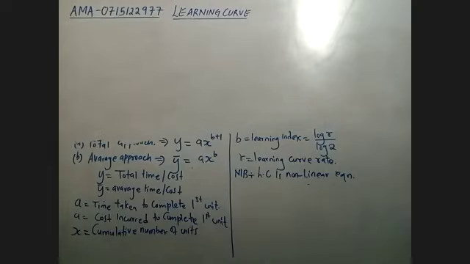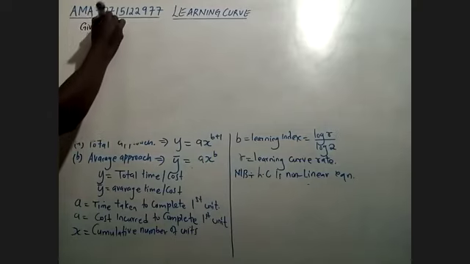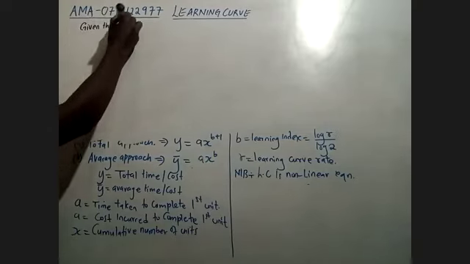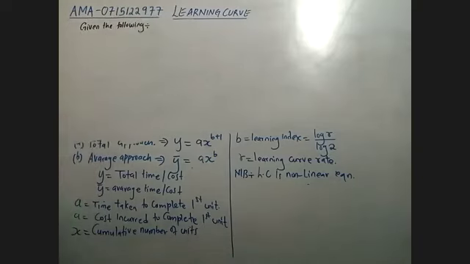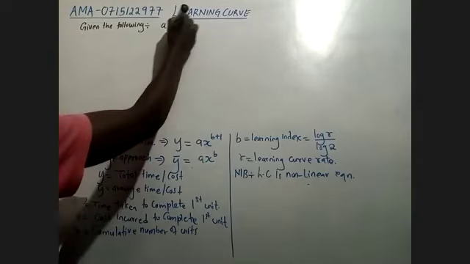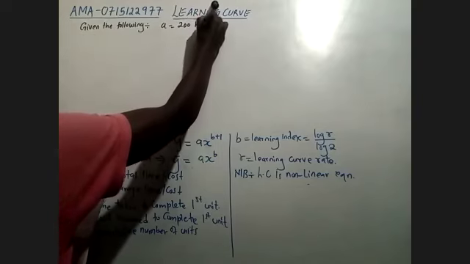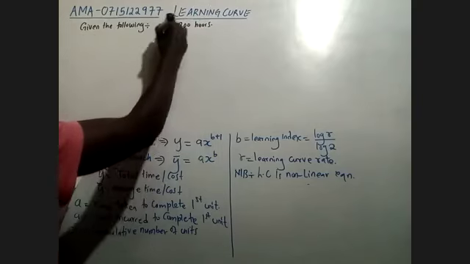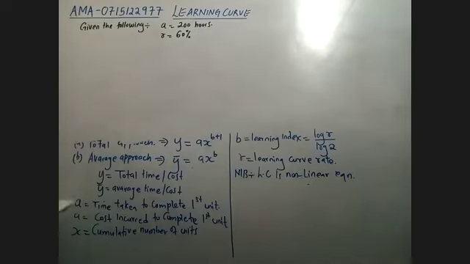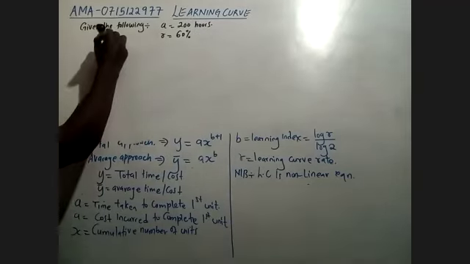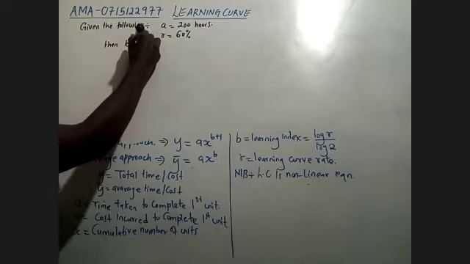So I know this paper is a headache. Ni headache sana. So given the following, we have A is 200 hours, R is 60%. Then B will be given as follows.